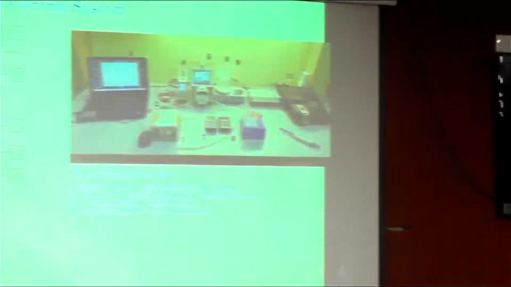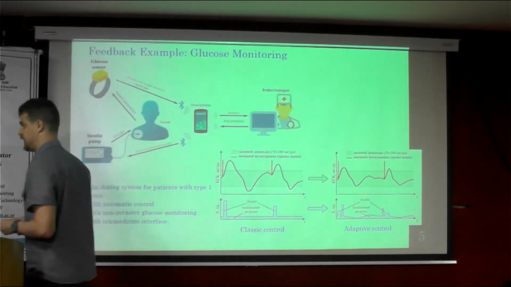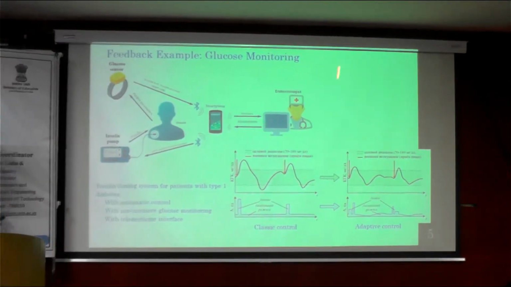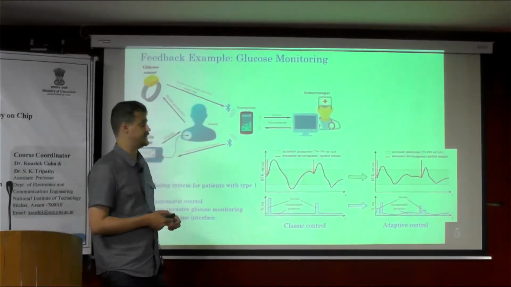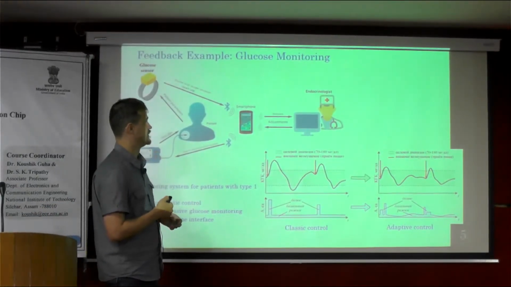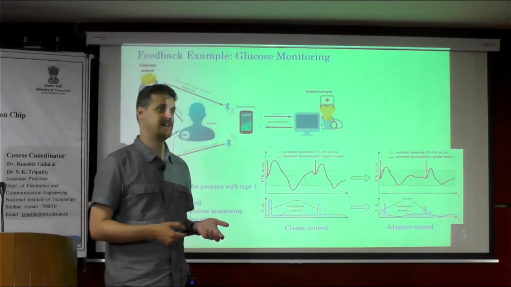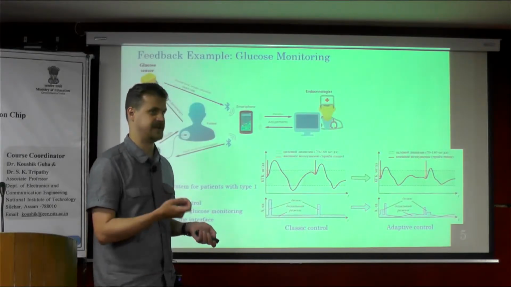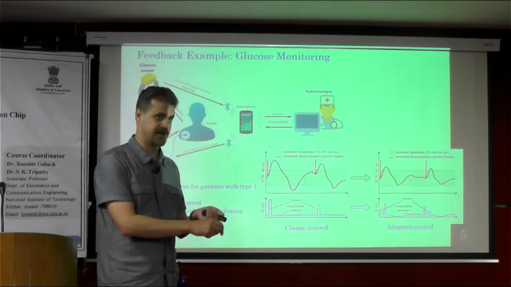Let me just address a small example that was implemented within our university in the Institute of Biomedical Systems. Basically, that's a feedback example for glucose monitoring. This measurement is required for patients who suffer from diabetes, and usually when they control the glucose concentration, they require invasive methods that prescribe blood sample collection.